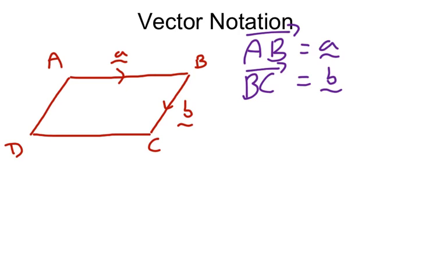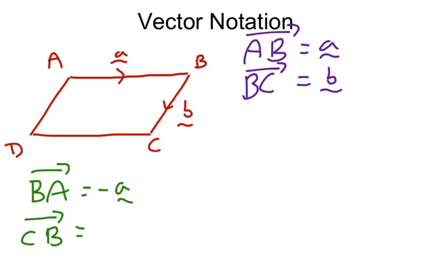For example, we might be asked to find BA. Now BA is the same length as AB, it's parallel but in the opposite direction, so that one is minus a. We might be asked to find CB. Similarly, that is the same as BC but the opposite way round, same length but opposite direction, so that one is minus b.